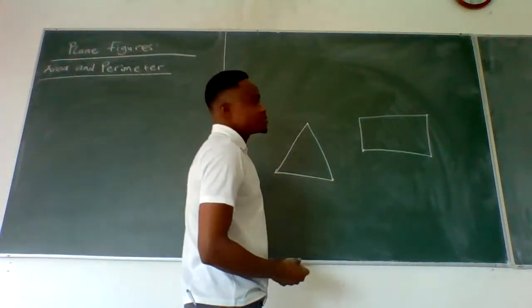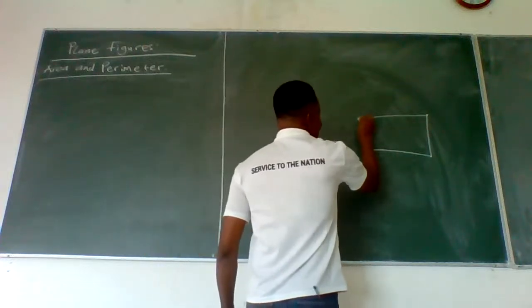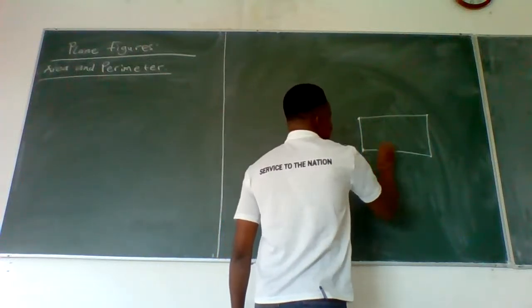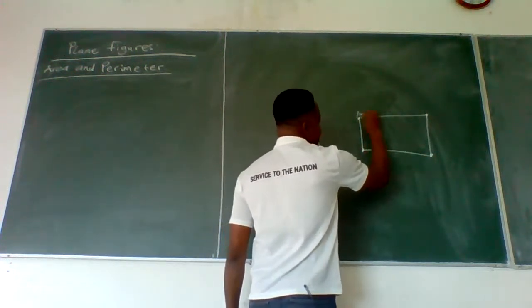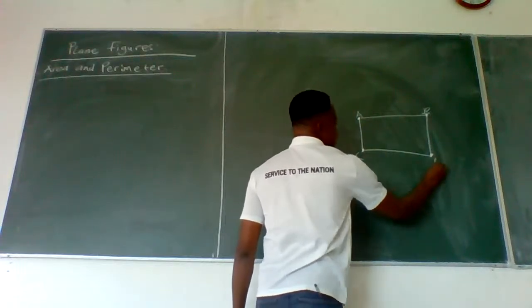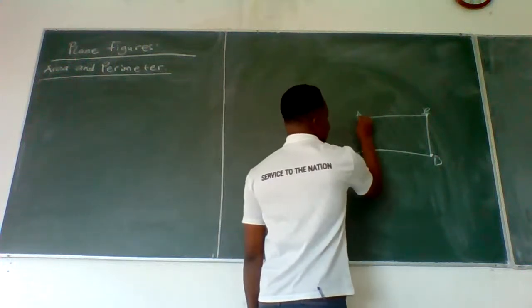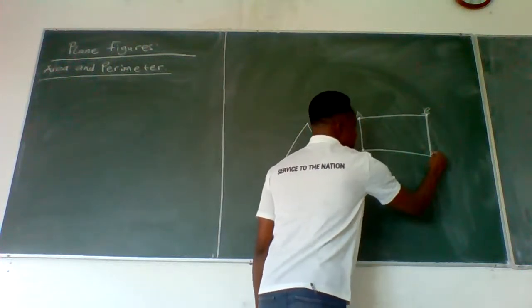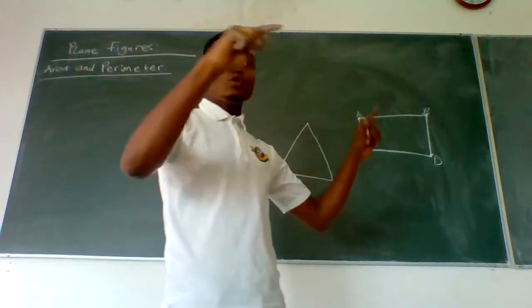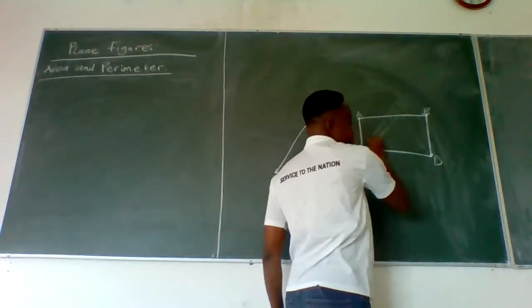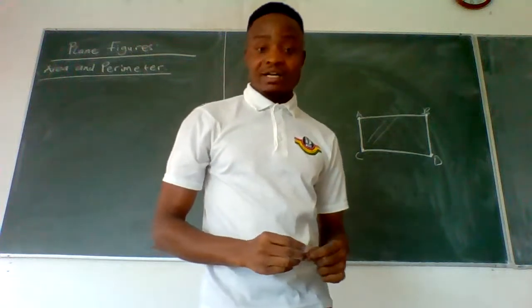So plane figures are just joining points on a plane or on a surface to get an enclosed figure. We move from here, let's say A, B, C, D. These are the points. I join these points, this with that, and then back to A. So I'll be able to enclose this particular area. That's basically what a plane figure is.